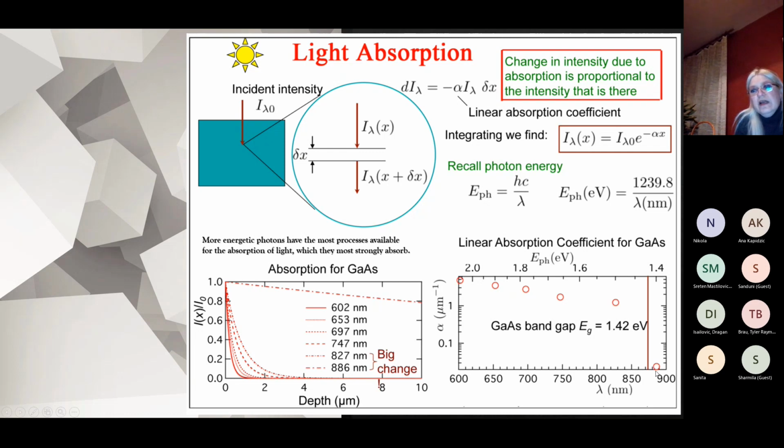So they are completely not useful. And that's why there is a huge change here, because at the last wavelength the energy of the photon is so small, it's smaller than the band gap, smaller than 1.42 electron volt. So it just goes through the matter without any kind of interaction.